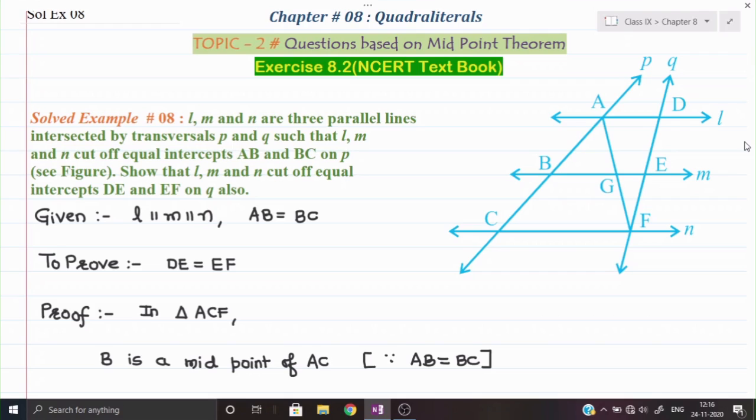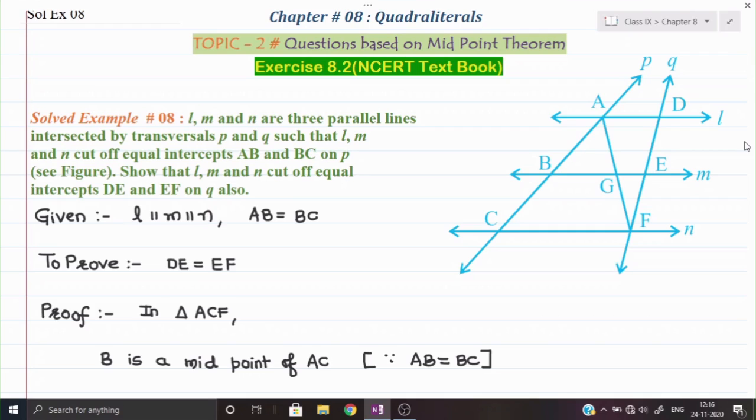And from the point G, we have drawn one line. The name of the line is GE. Can we say that GE is parallel to AD? Definitely yes, because L and M are parallel. So again same concept, the part will be also parallel. So GE and AD will be also parallel.